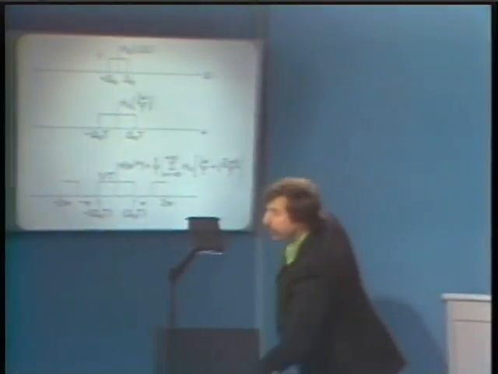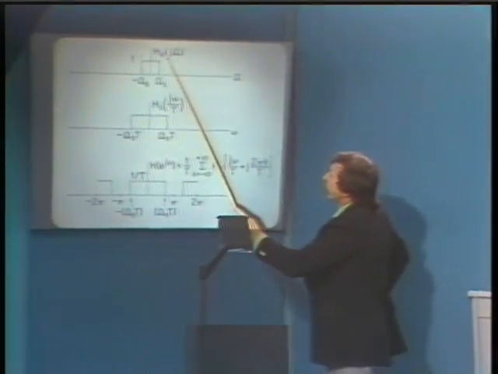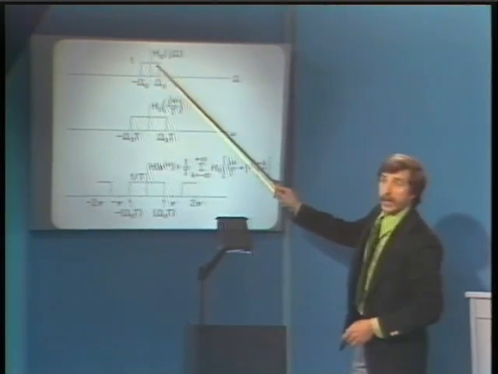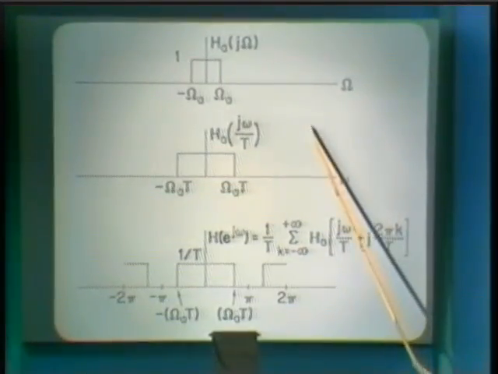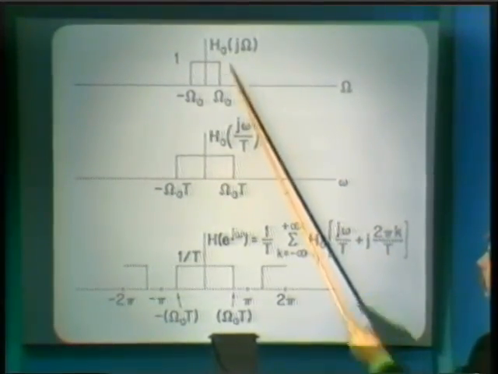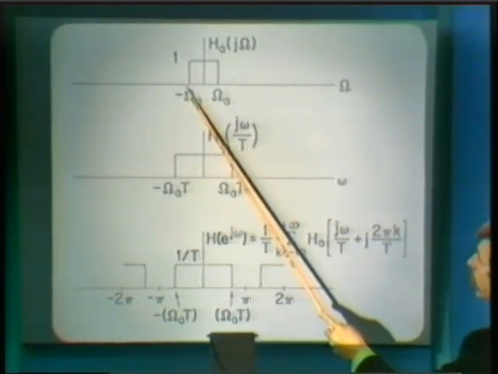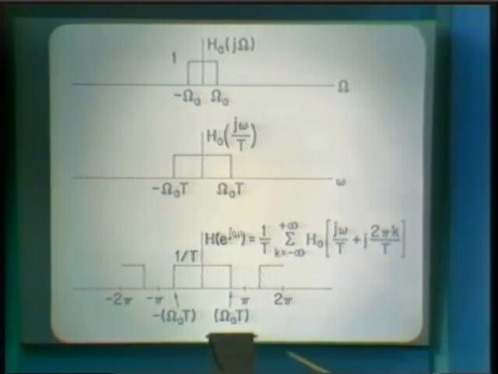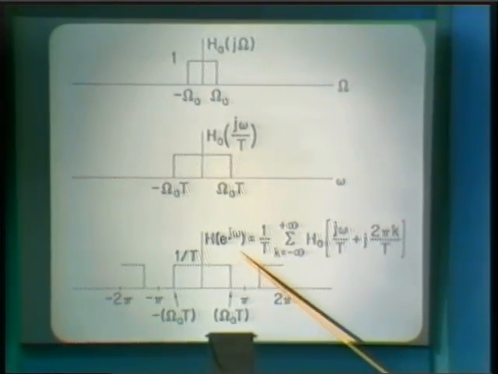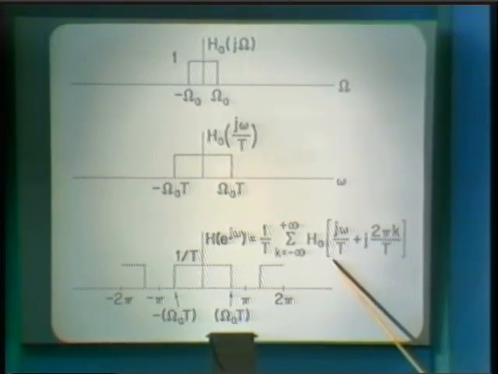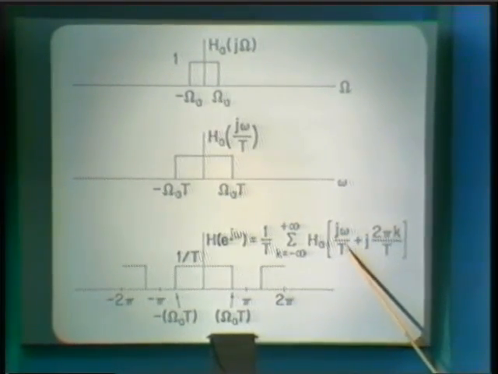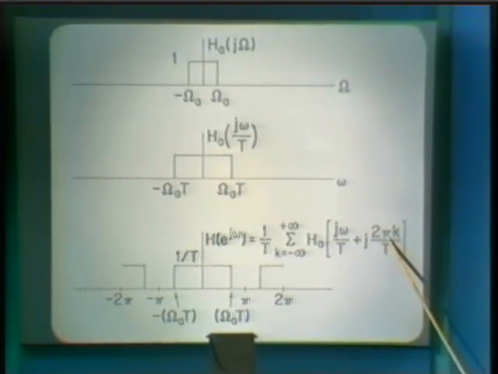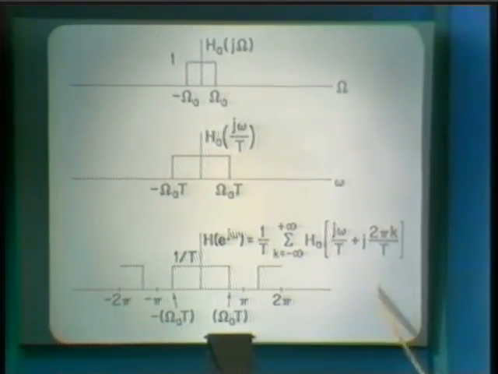Here we have the analog frequency response, and let's say that we're considering this for the case of a low-pass filter, which is what we've tended to focus on in this lecture, so that if we had an analog low-pass filter, cutoff frequency between minus omega sub a and plus omega sub a, then in forming the digital filter frequency response, we first want to form H sub a of j omega divided by capital T, and then shift that in little omega by integer multiples of 2 pi and add up those results.